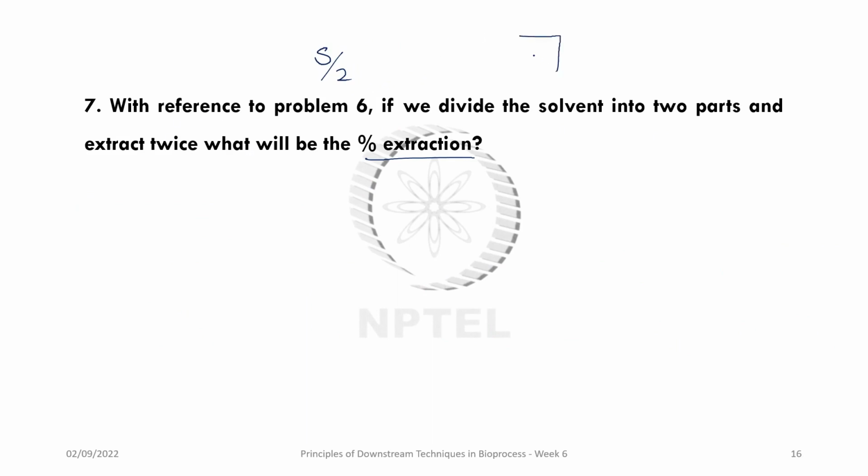So instead of a single stage, they are taking it through two stages, where first time you have S by 2 going in, and another set of S by 2 in extractor 2.